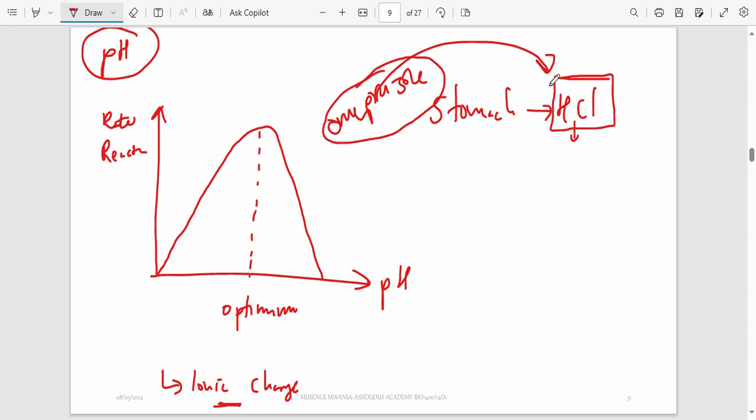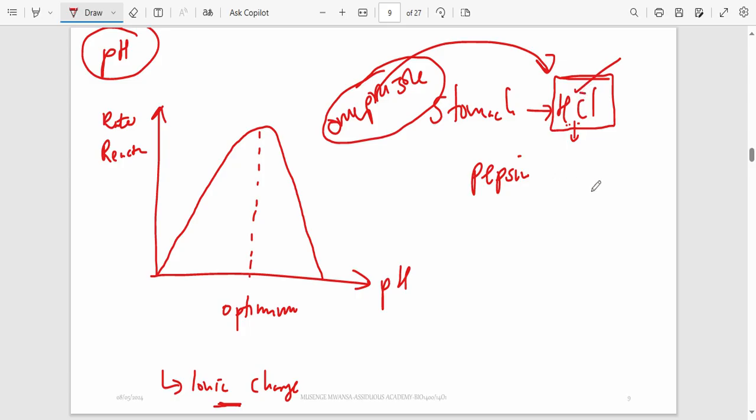So the enzymes found in the stomach are going to work well in an acidic environment. For example, you have enzymes that break down proteins, pepsins. You have enzymes that break down carbohydrates, like maltase. So these ones will work well where? In an acidic environment. Why? Because the stomach is acidic.